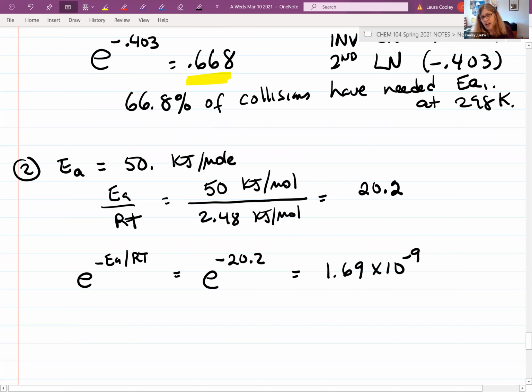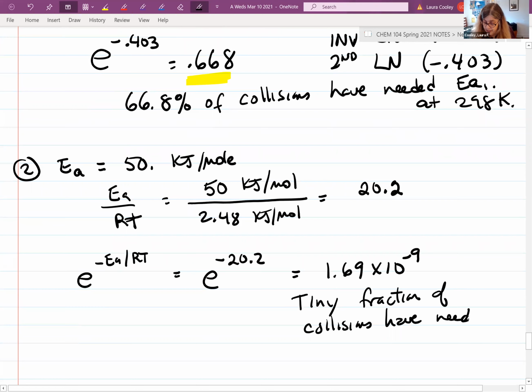That is not a lot of collisions that have the required activation energy. That's a tiny fraction of collisions that have the needed EA.